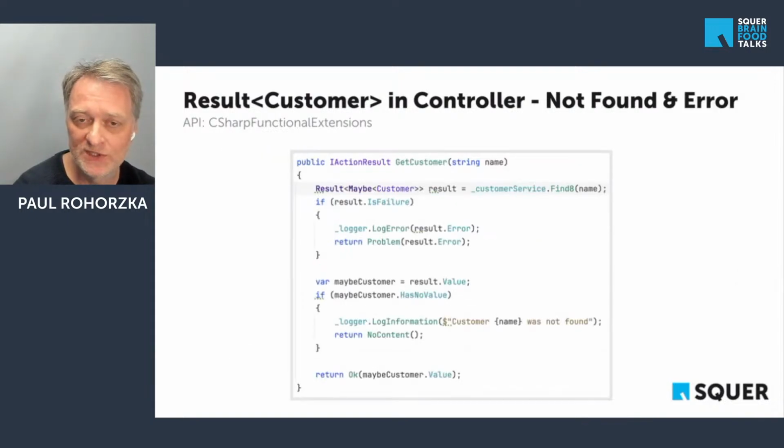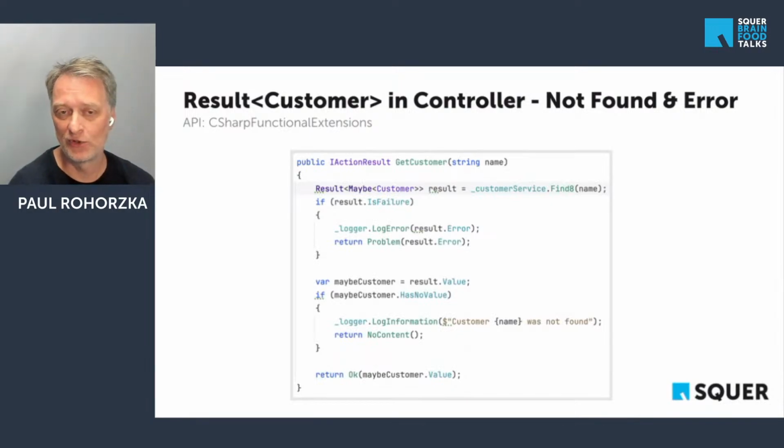What we had before was also the question, besides "does it technically work?" Did it technically work to talk to the database, or do we also find one of the names that we have to look up? We can even combine those two. So we have here a result of maybe of customer.